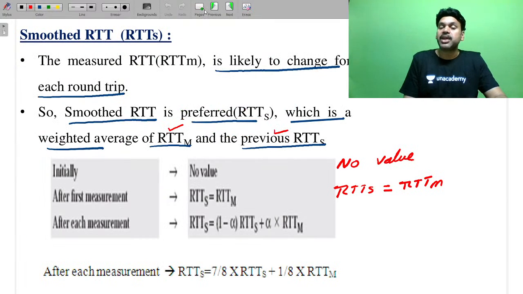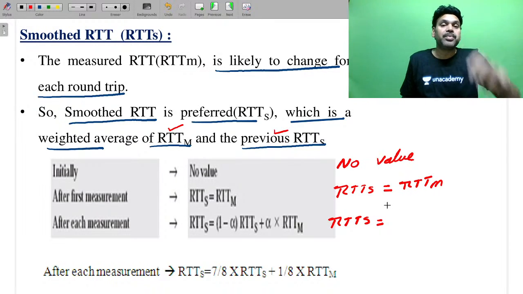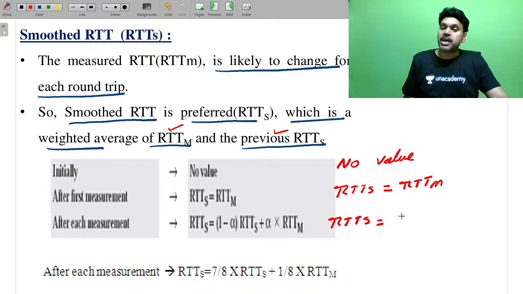How it is changed: for the next segment, your RTTS is going to be a little bit more than your previous RTTS. So how is it done? (1 minus alpha) times your RTTS plus alpha times your RTTM.